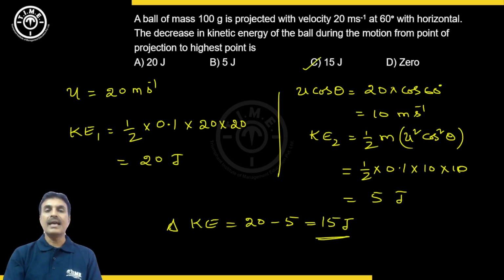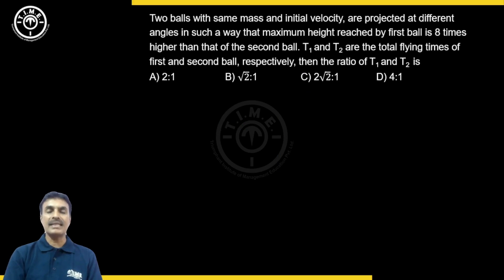Next. Another question asked in recent JEE main. Two balls with the same mass and initial velocity are projected at different angles in such a way that maximum height reached by first ball is 8 times the maximum height reached by the second ball. That means h1 is 8 h2. Mass is same, initial velocity is same, but their angles of projection are different.